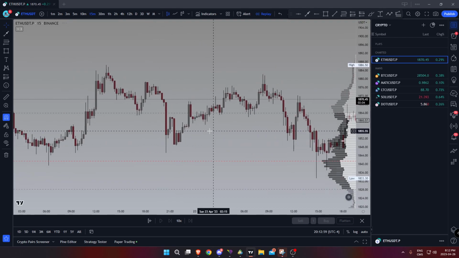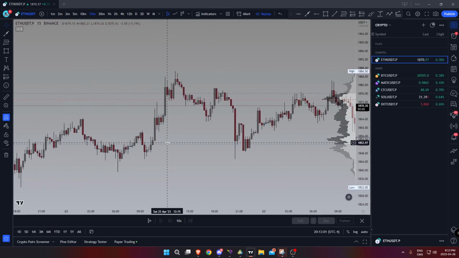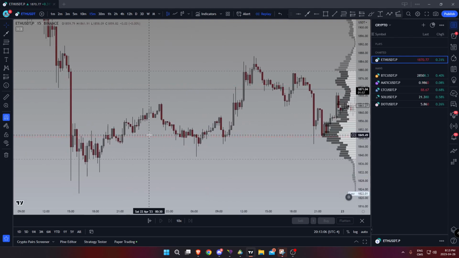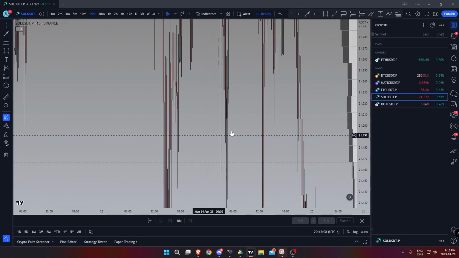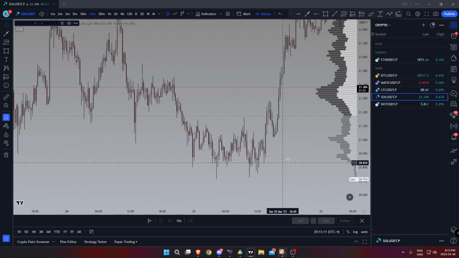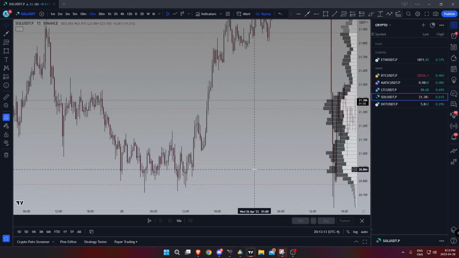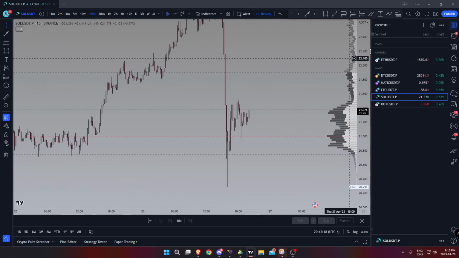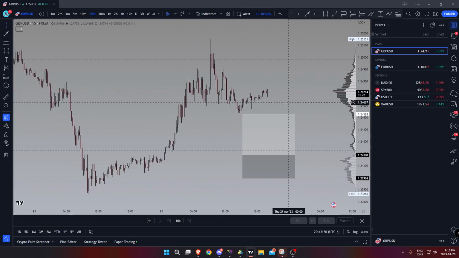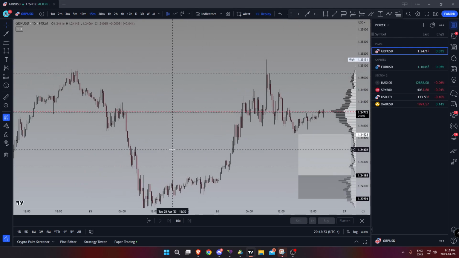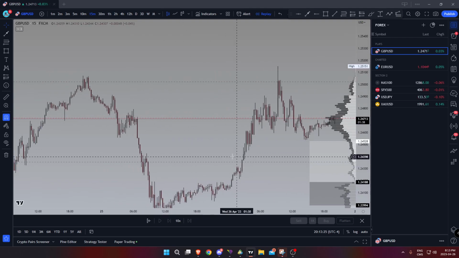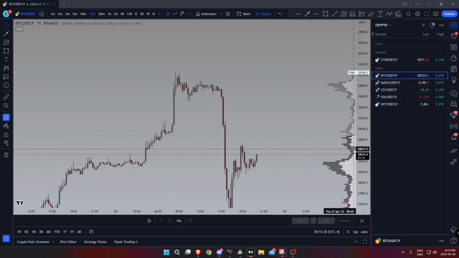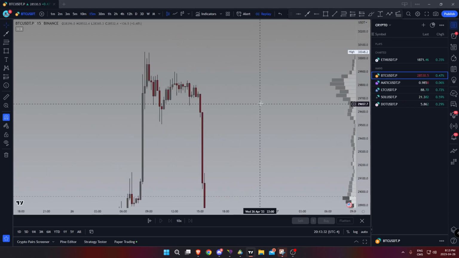This is when I'm trying to find an example and I can't find one. If I go on Solana, SOL. All right, let's go on the Forex, maybe I will have one. But yeah, all right, let's go back on Bitcoin. I'll just show you.